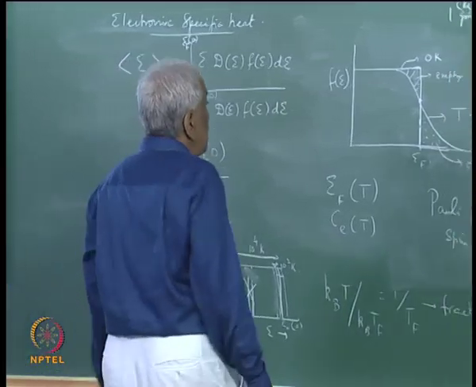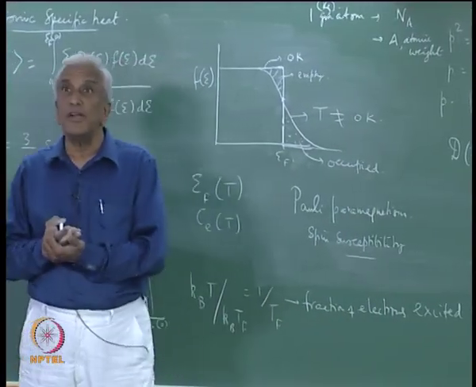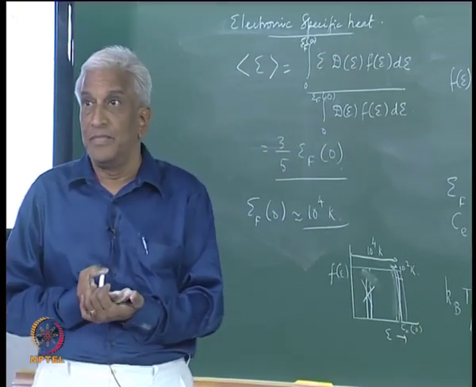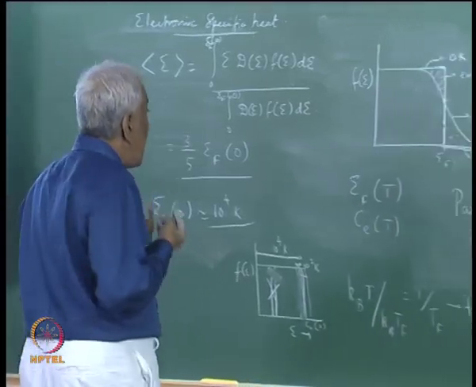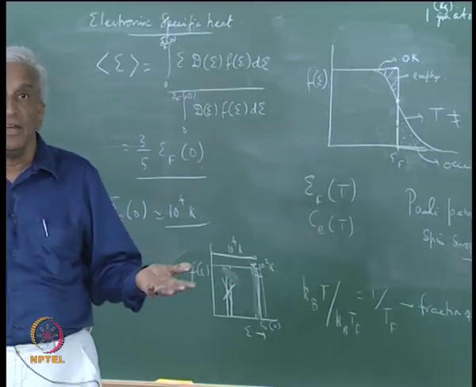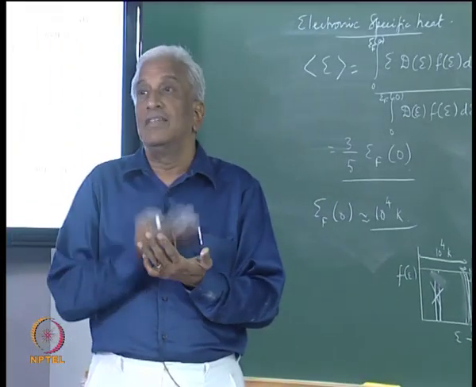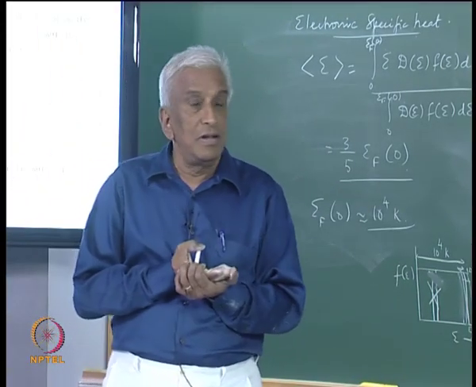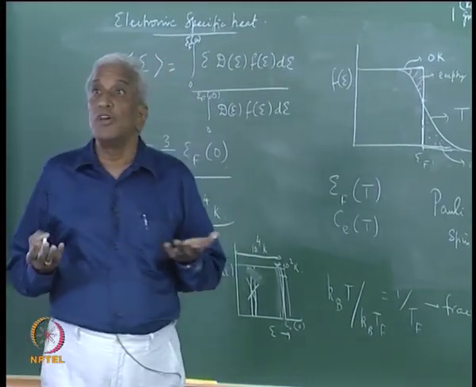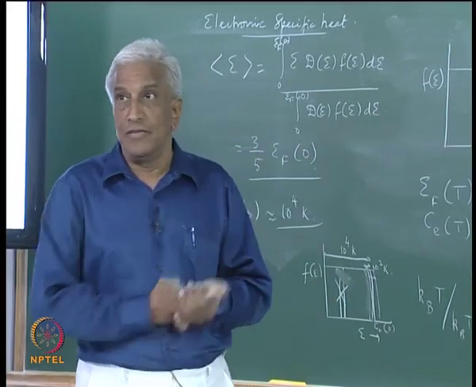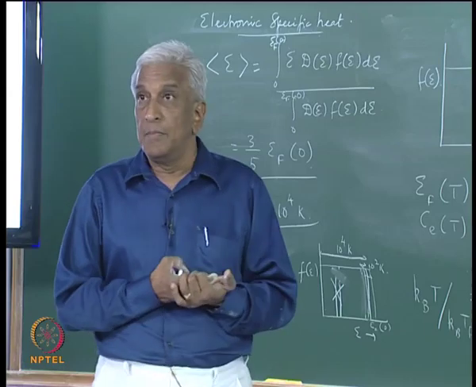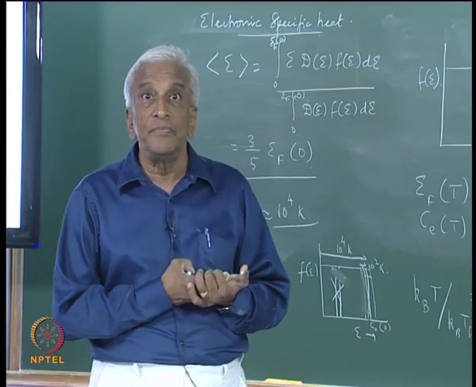In addition, the most important characteristic of metals is that a metal is a very good conductor of electricity. Now, we would like to have an expression for the electrical conductivity of a metal and how it depends on, for example, the temperature. And not only the electrical conductivity, a metal is also a good conductor of heat. So, we would like to know how the thermal conductivity is determined by the behavior of the electron gas.